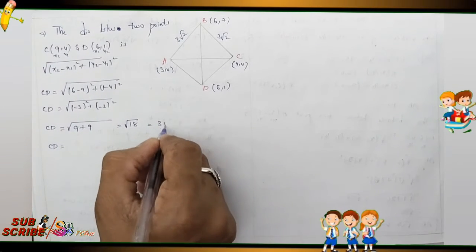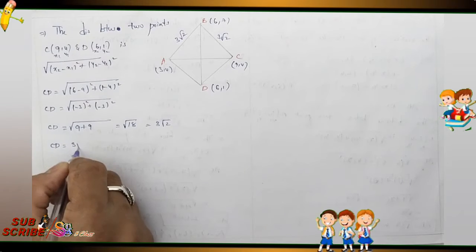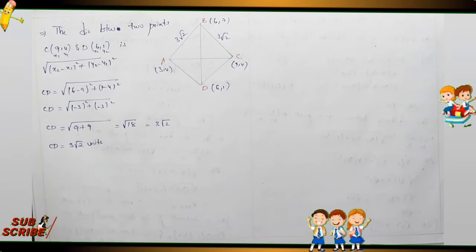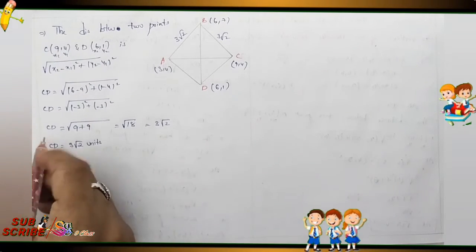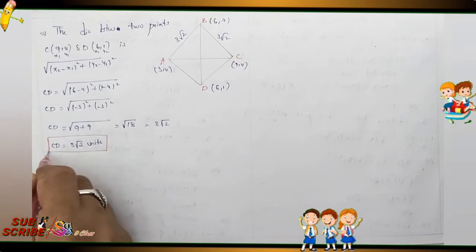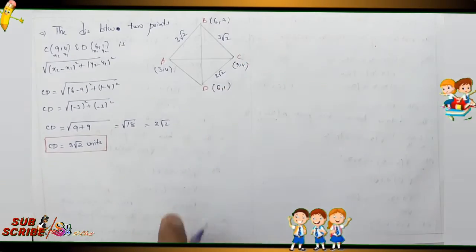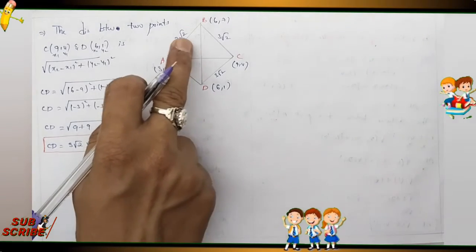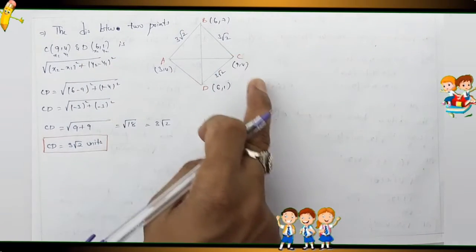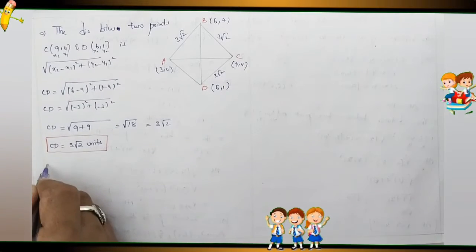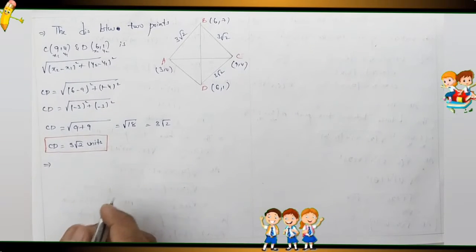You can write it as 3 root 2 units. So CD also we got the same answer. Now AB got the same answer, BC also, and CD also. Now we can find DA. Next we can find out the DA.